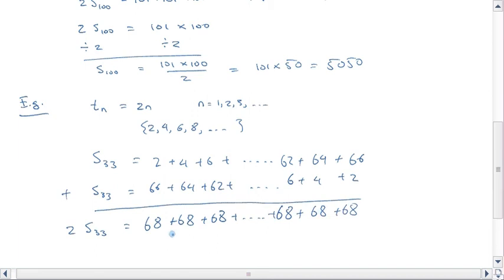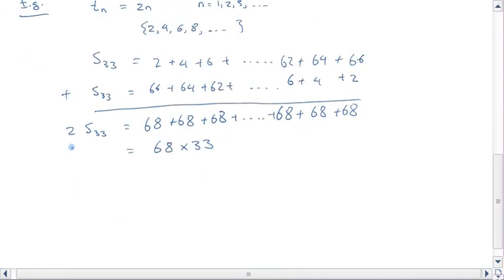And how many copies of 68 do I have? Well, it was 33 terms in the sequence, so this would be 68 times 33. This was 2S33, so I can again divide both sides by 2 to give me S33 is equal to 68 times 33 divided by 2.